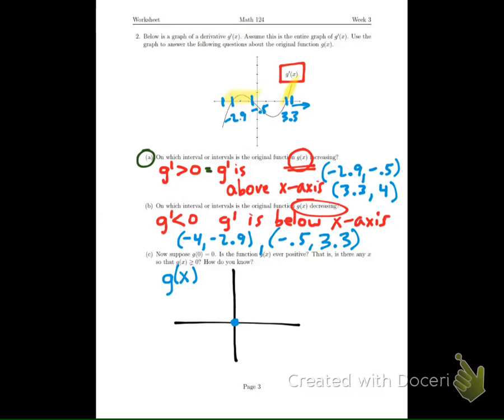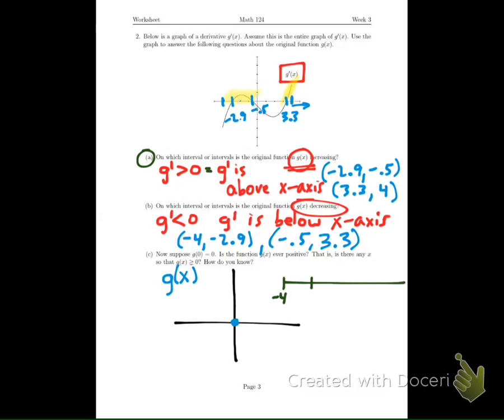Let's take a look. This is the tricky part, because you're looking at the graph of g prime, and I like a sign chart. So I'm going to make a sign chart, and I don't want to make it in blue because I have a lot of blue on here. So we have negative 4 for this part, and then what are our critical points?